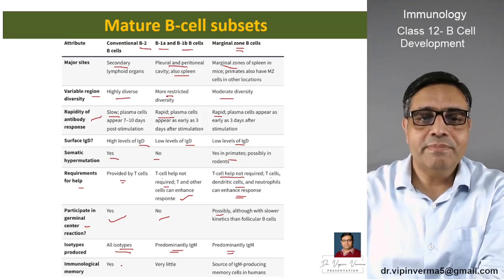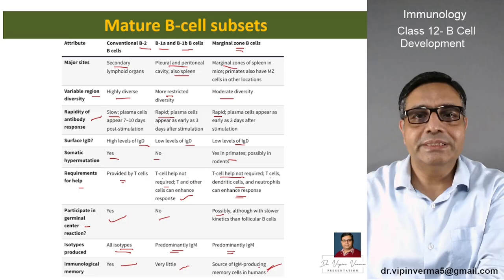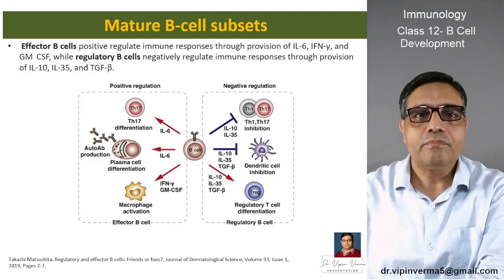If we see immunological memory, yes in case of conventional B2 B cells, very little in case of B1A and B1B B cells, while a source of IgM producing memory cells has been found in humans in marginal zone B cells. Okay.